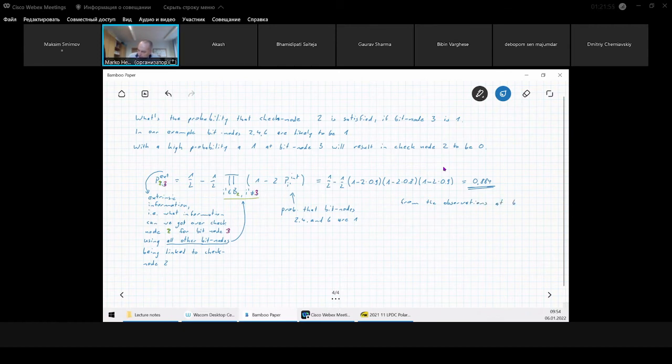At bit nodes 2, 4, 6, we can conclude that with 88.4% probability, bit node 3 will be 1.